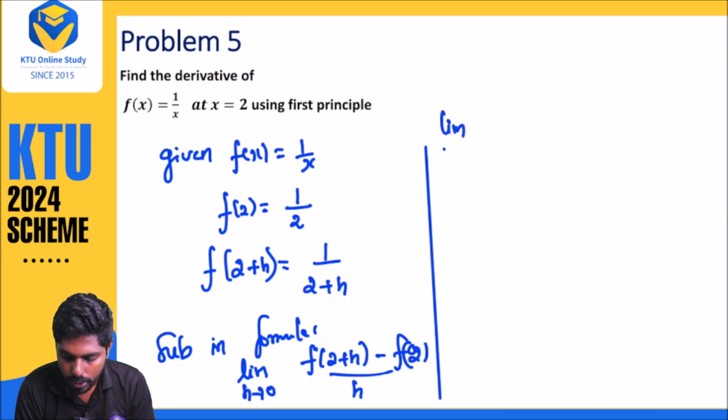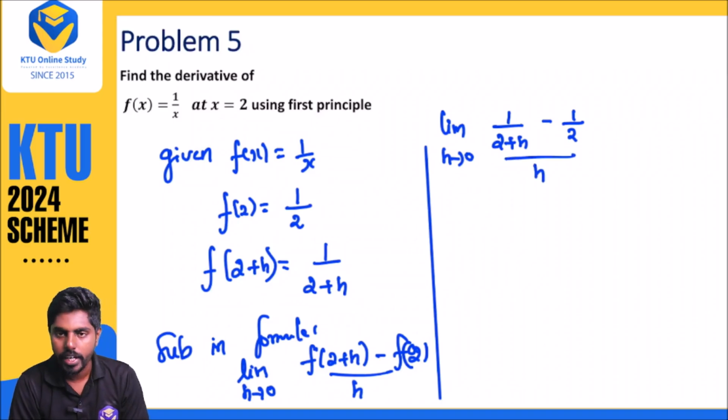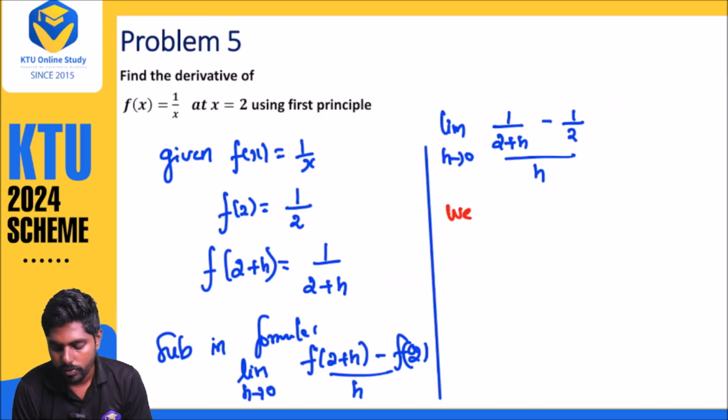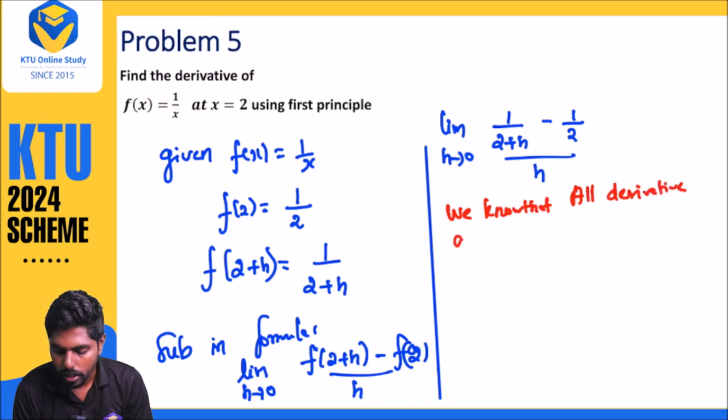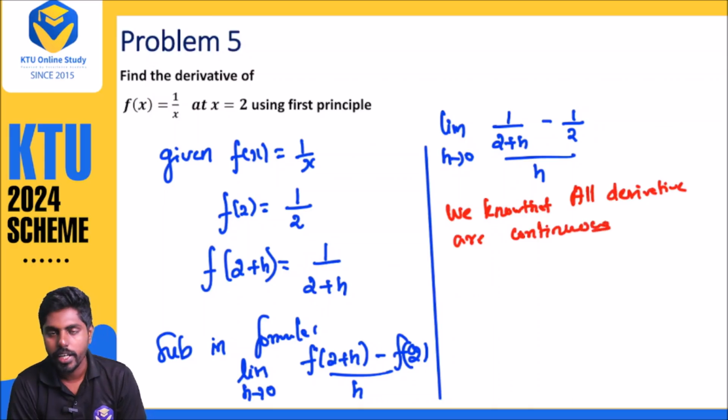That is limit h approaches 0, 1 by 2 plus h minus 1 by 2 divided by h. So again I told you, we know that all derivatives are continuous.